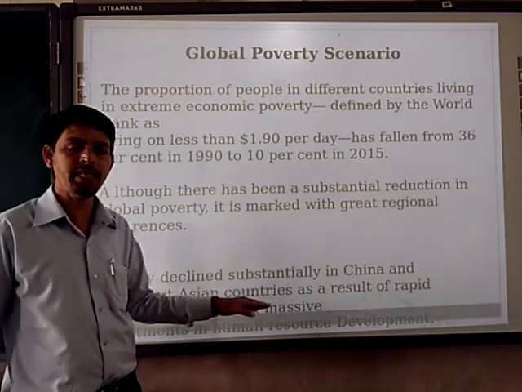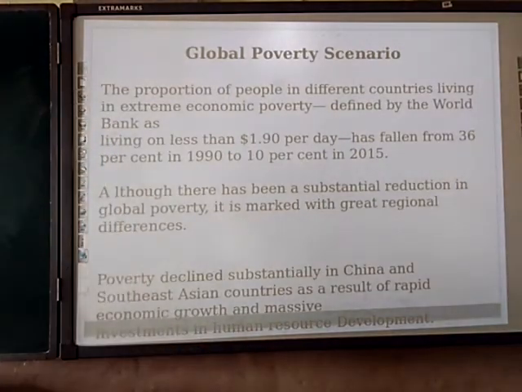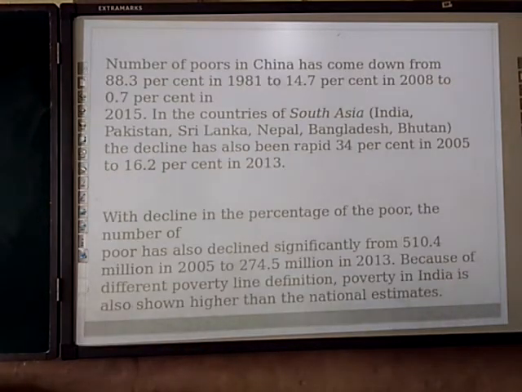Human resource development, in our country there is a Ministry of Human Resource Development. Next, the number of poor in China has come down from 88.3% in 1981 to 14.7% in 2008 to 0.7% in 2015. By seeing this, we can understand the reduction in poverty in different countries.